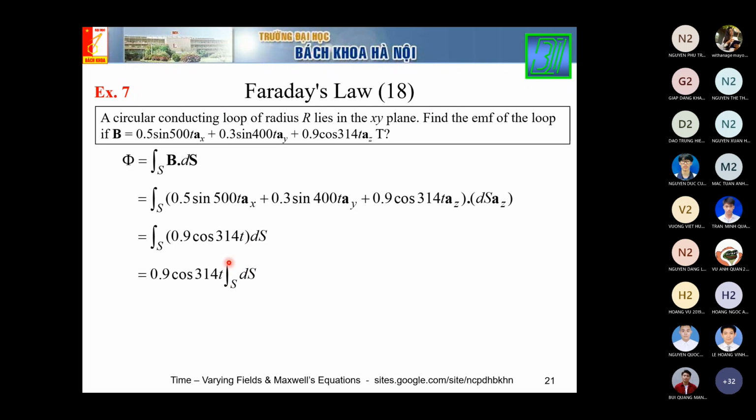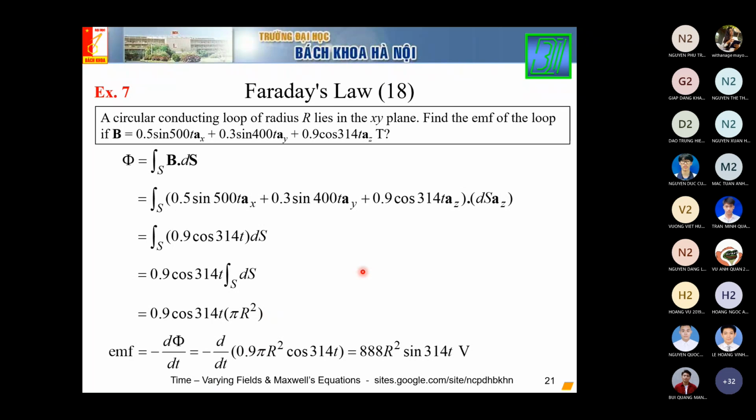The integration here is now the total area of the circle. And everybody knows that the area of a circle is pi r squared, like this. And now finding the EMF is very simple. You take the derivative of this one with respect to time, and there you are.